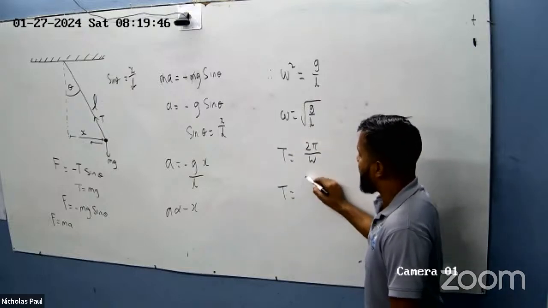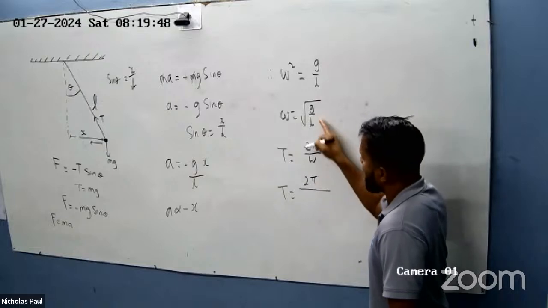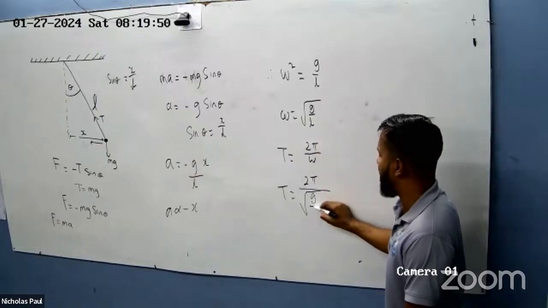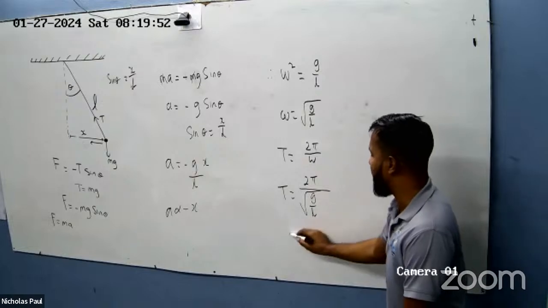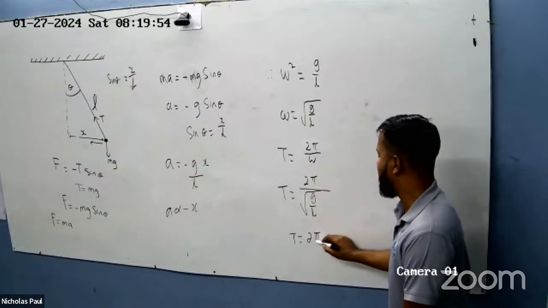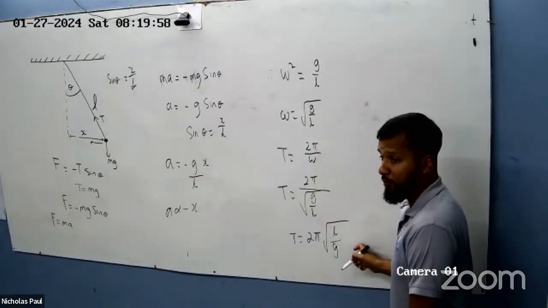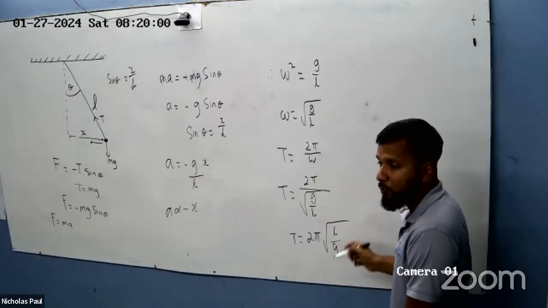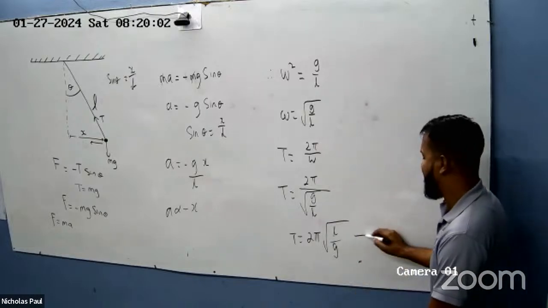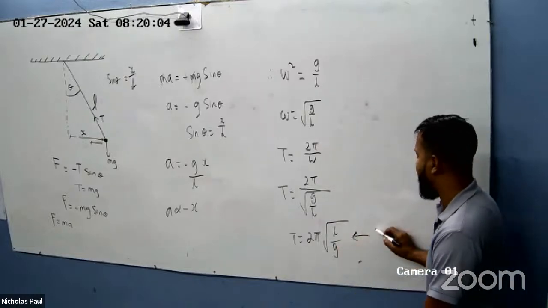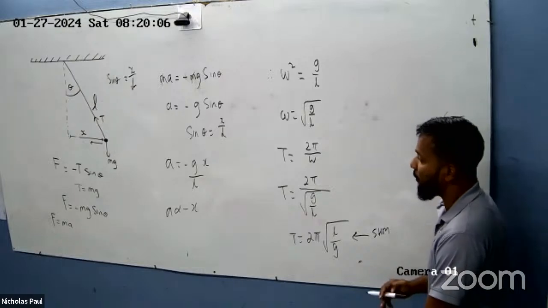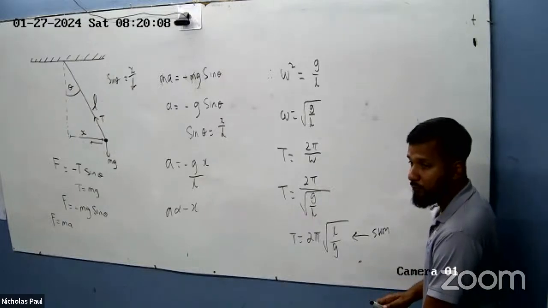So period will be 2 pi all over the square root of g on L. And if you flip it up, you'll get T equals 2 pi square root of L on g. So this is the period of something moving with simple harmonic motion. Okay?